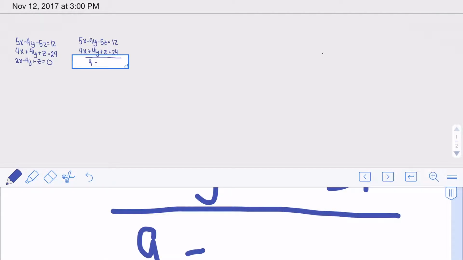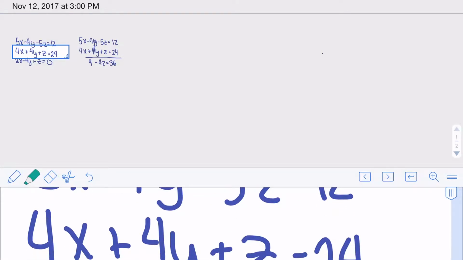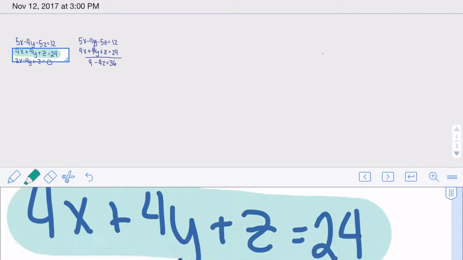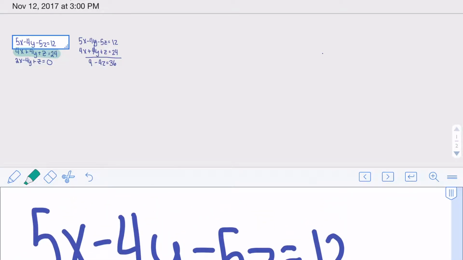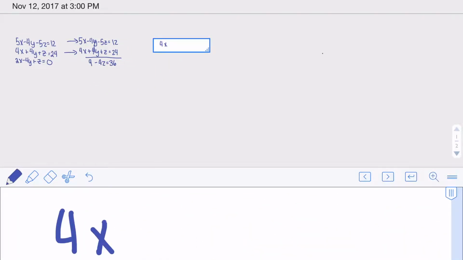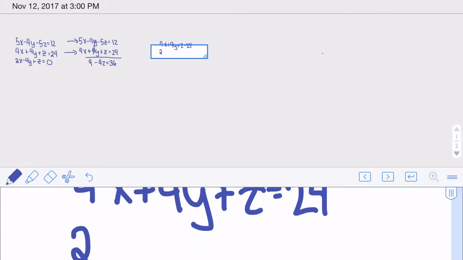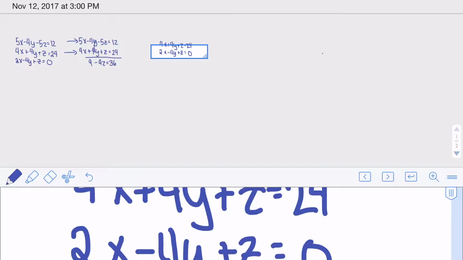Then you add up 5x plus 4x equals 9x, and then 12 plus 24 is equal to 36, and then negative 5z plus z equals negative 4z. The next equations that I chose to eliminate the other y's were the equations 4x plus 4y plus z equals 24, which I used in the previous two equations, and then 2x minus 4y plus z equals 0.